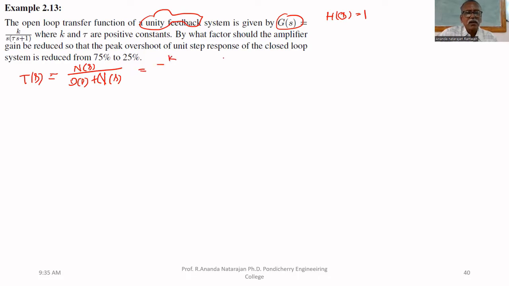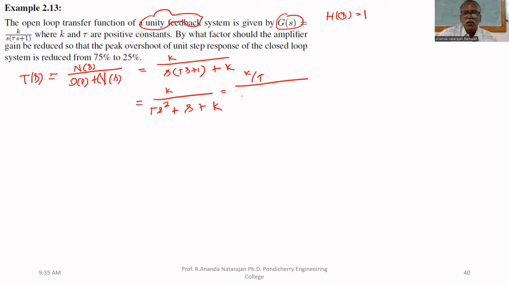That is k upon s multiplied by (tau s plus 1) plus k, or we can write k upon tau s square plus s plus k, or k by tau upon s square plus 1 by tau s plus k by tau.